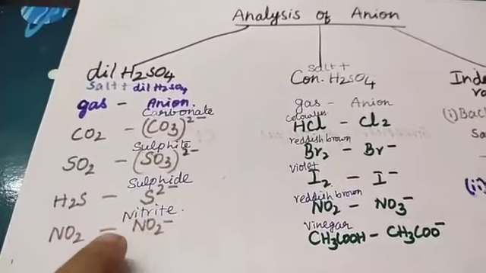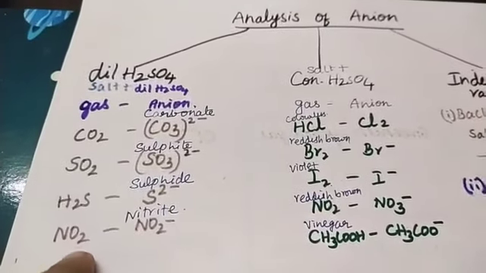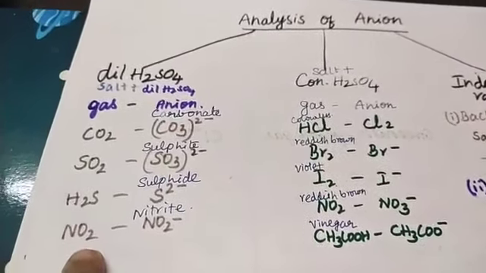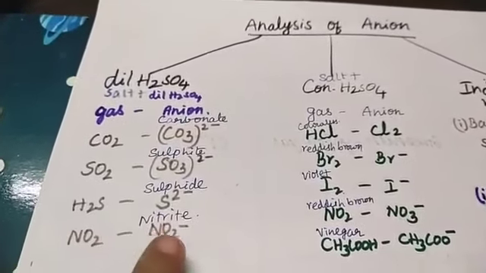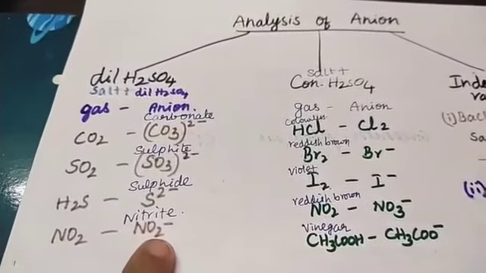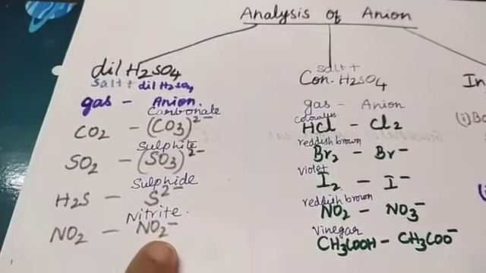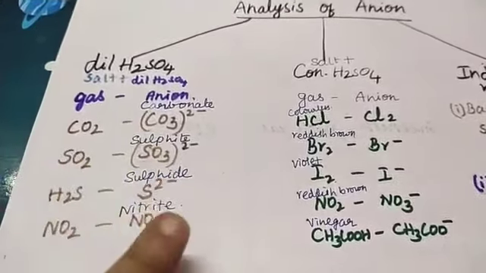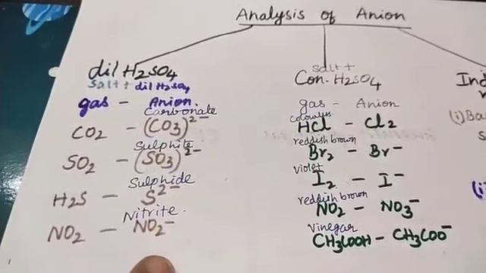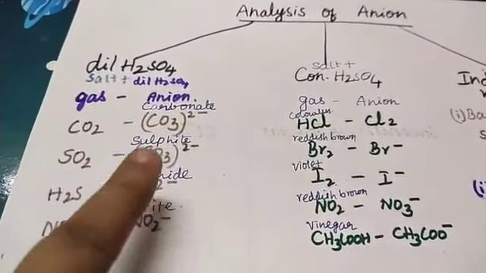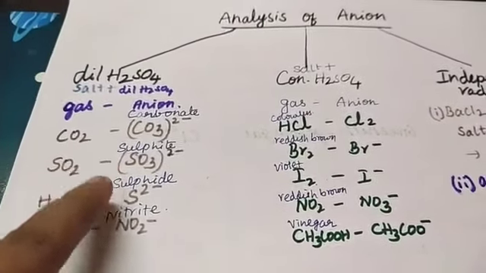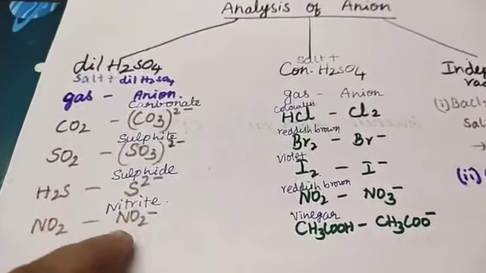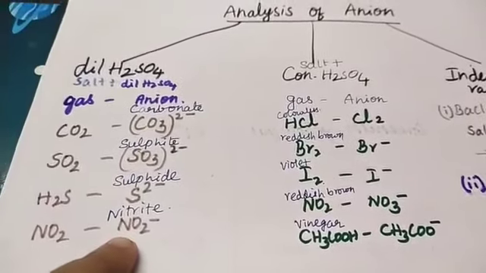If you are getting NO2 gas, which may be a brownish gas, then the ion is nitrite ion, NO2 minus. If you are not getting any of these characteristic changes, then there is absence of carbonate, sulfite, sulfide and nitrite.